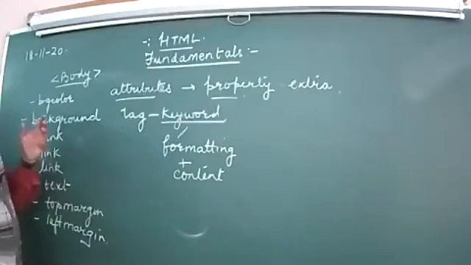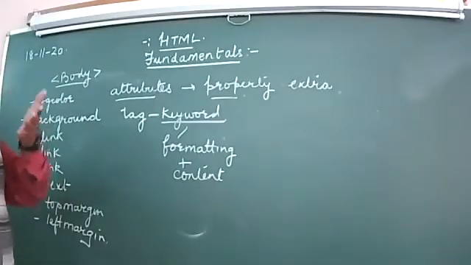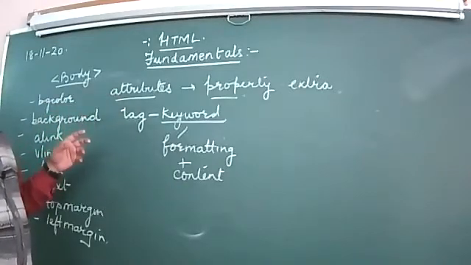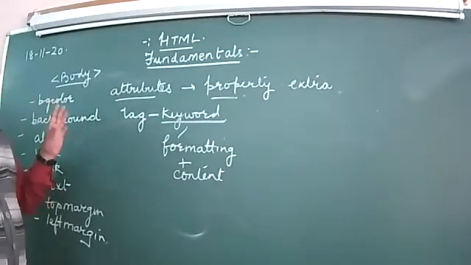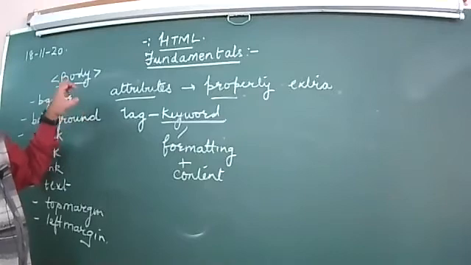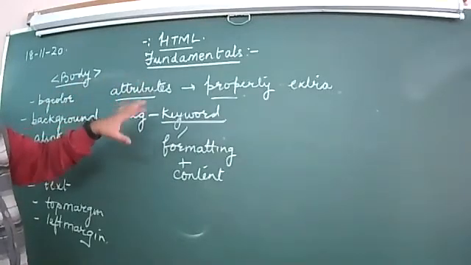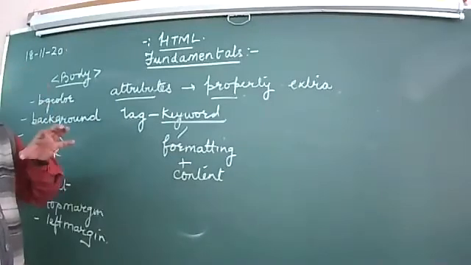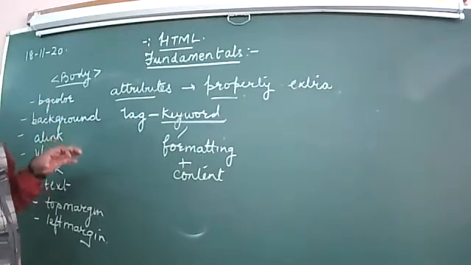Right? Now suppose you are writing the answer. Many of you will write that BG color specifies the color in the background. This is not an appropriate definition. No marks will be given for that. Your answer should clearly reflect the meaning to the examiner. Don't just write narrow or very short definitions. Right?